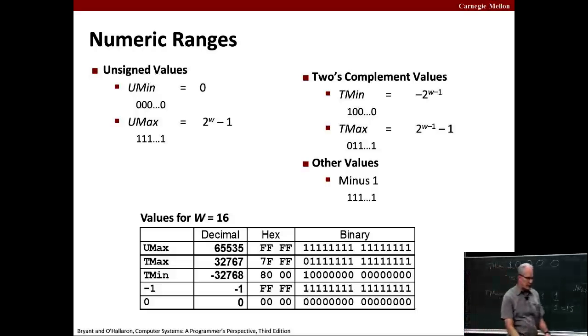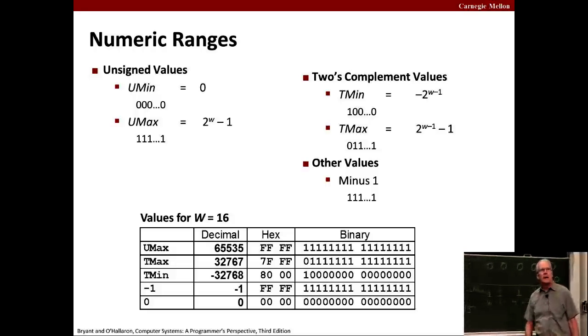So there's a few things to observe about these numbers. Remember, this is a 5-bit word size, right? So you'll see that 31 is pretty close to 32. In fact, it's 2 to the 5th minus 1. And in general, for a W-bit number, it will have value 2 to the W minus 1.